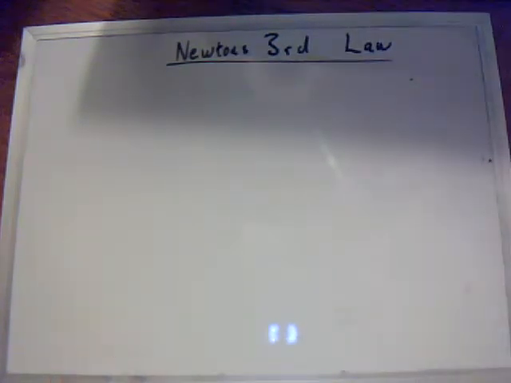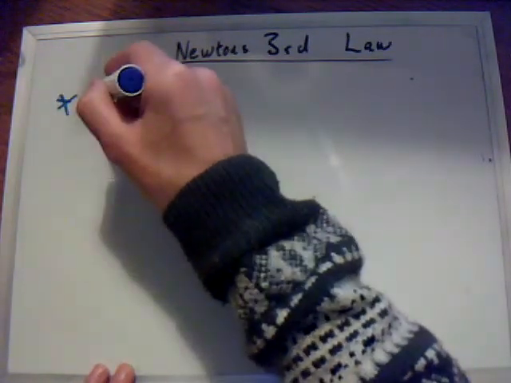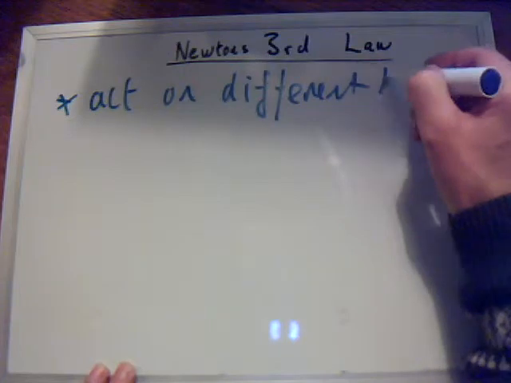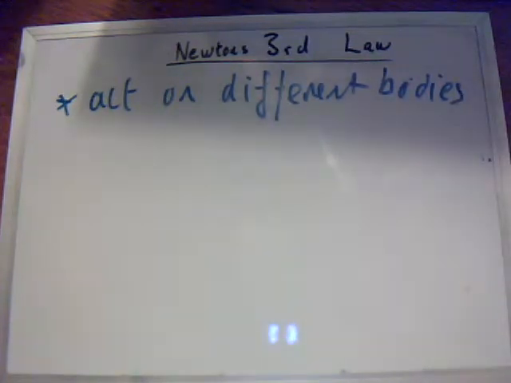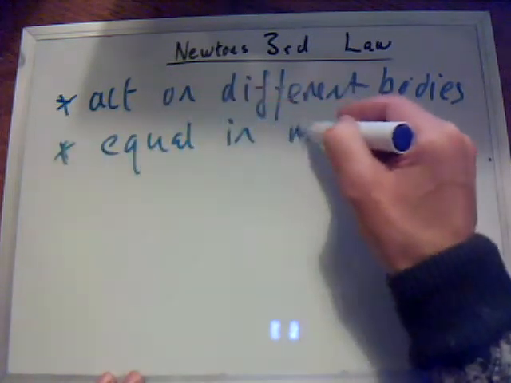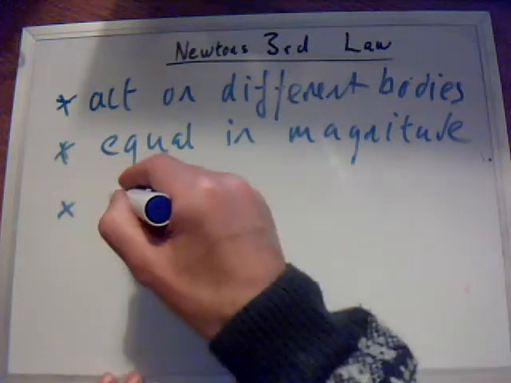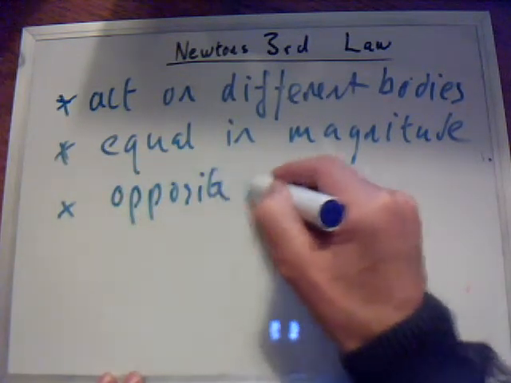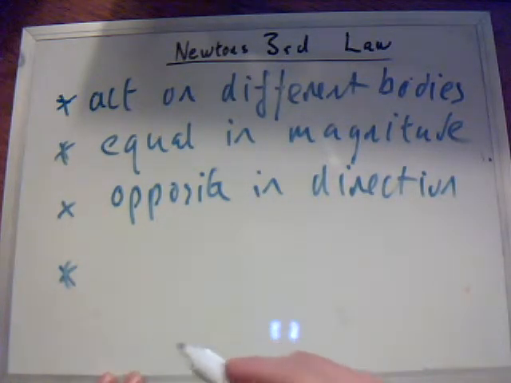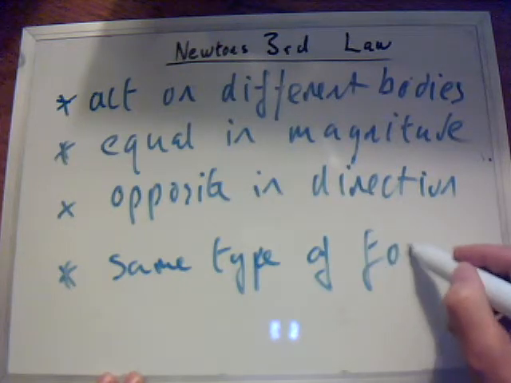Well, if you break down what's happening, Newton's third law forces act on different bodies, are equal in magnitude, are opposite in direction, and are also the same type of force.